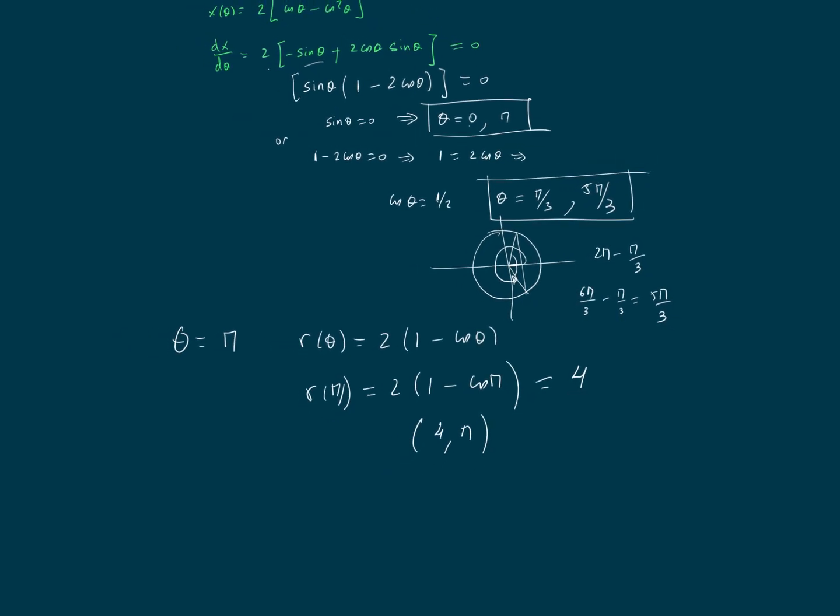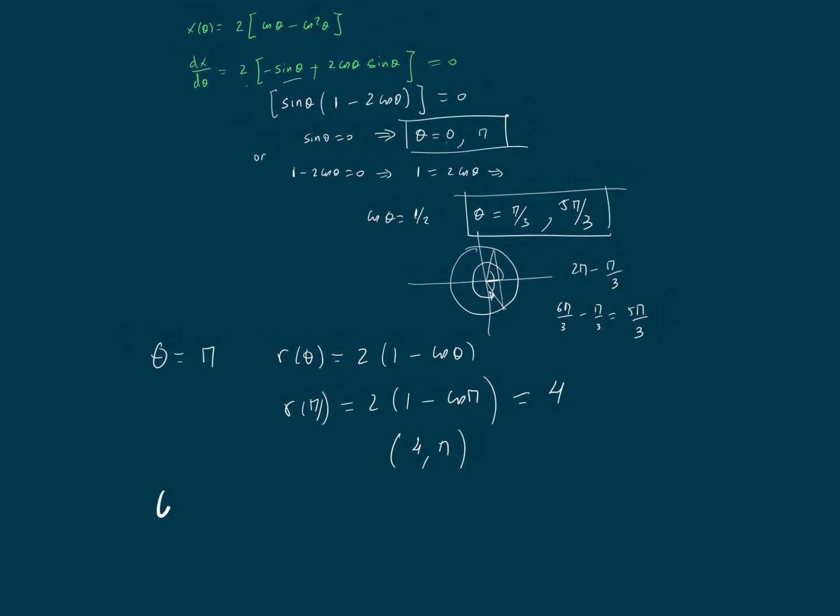The other point is when theta equals pi divided by 3. Because r of theta is 2 times 1 minus cosine of theta, it will be 2 times 1 minus cosine of pi divided by 3.